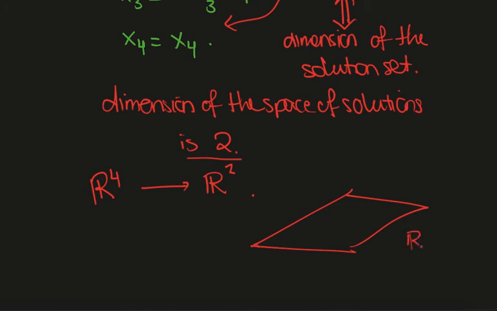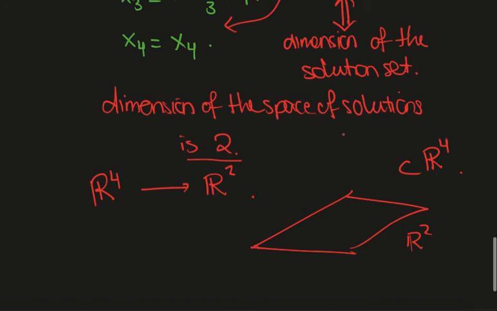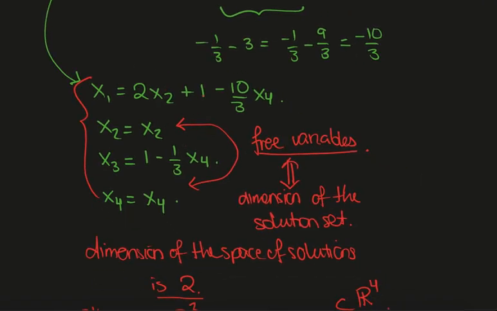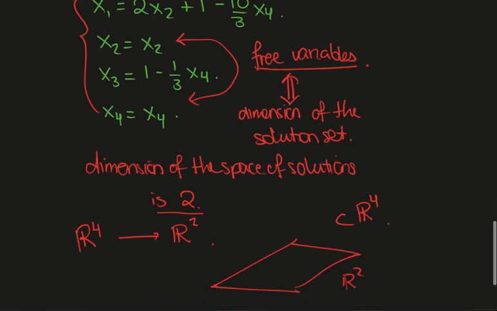So this is a copy of R2 sitting inside R4. And that completes this tutorial, which is more of a review, looking at how to solve a system of 3 equations with 4 variables, looking at the number of free variables, and recalling the geometry of the solution set.